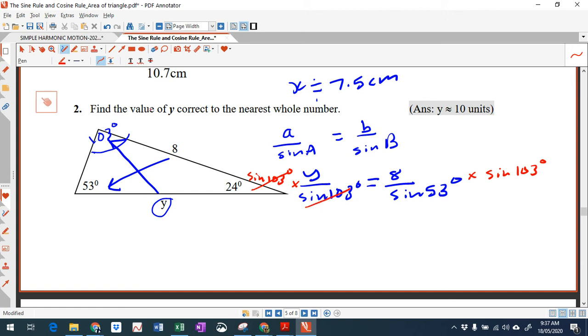Then y is equal to 8 over sine 53 degrees multiplied by sine 103 degrees. Put that whole thing into your calculator, and you get 9.76.